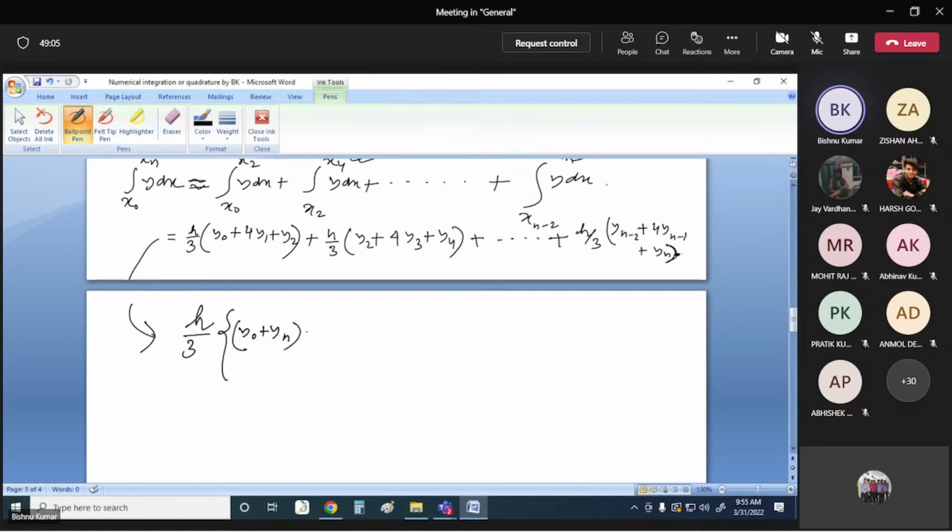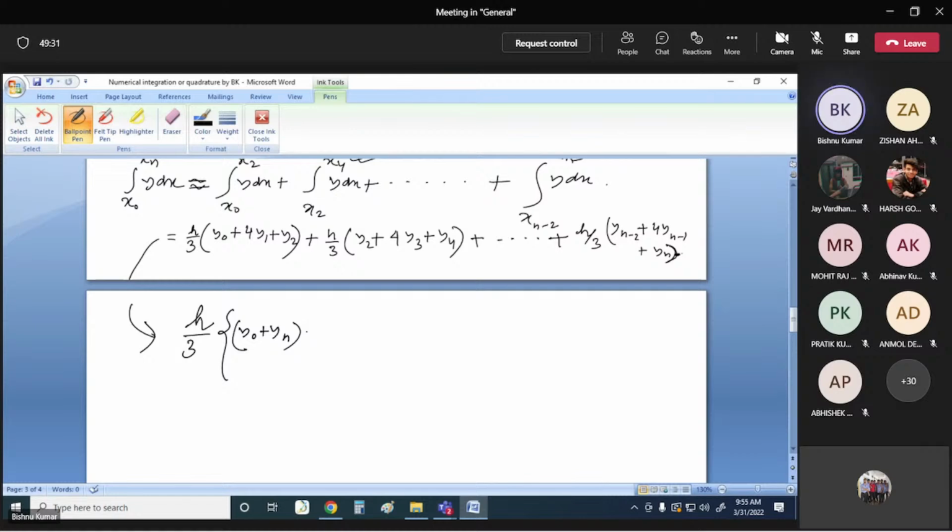Okay, 4 into the intermediate odd y values in subscript, which are odd, meaning y1, y3, y5, in that way y7, like that, up to yn minus 1.